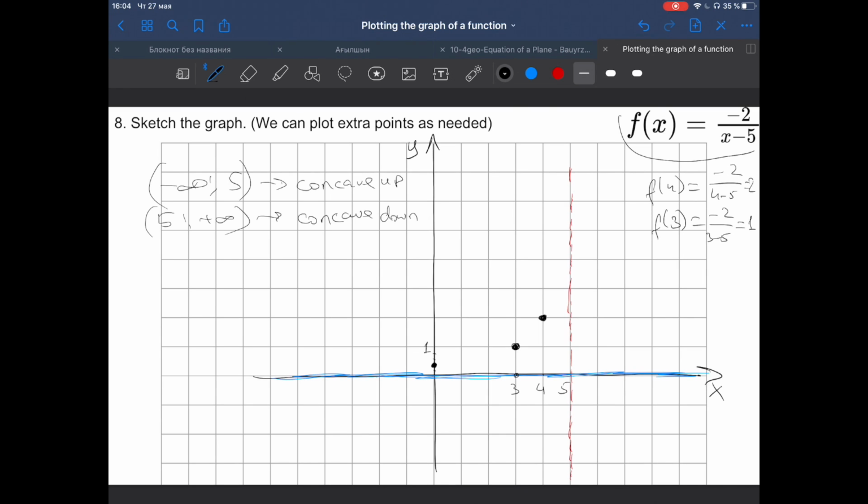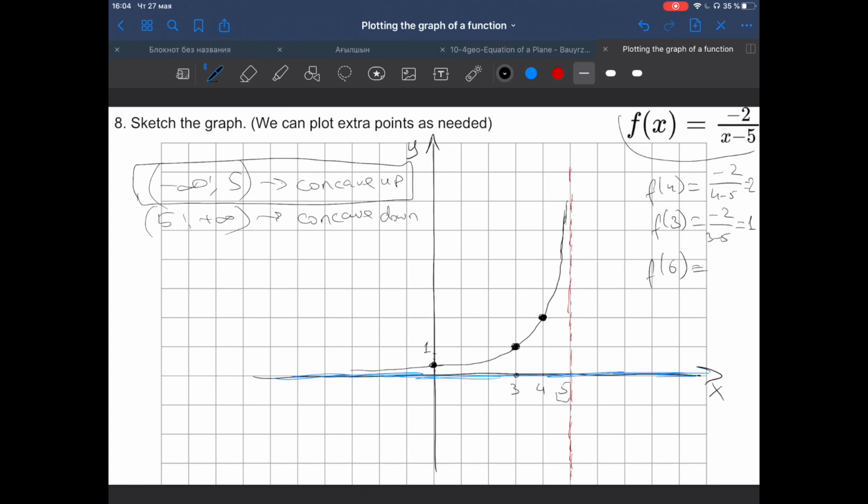Okay, and look, we have here 3 points. And we know on this interval, our graph is concave up. And I just draw here the graph like this, concave up. And this goes upwards infinitely. Okay, and after that, let me take points from the right side of the number 5. Let me find f of 6.